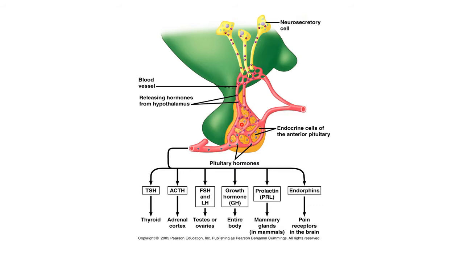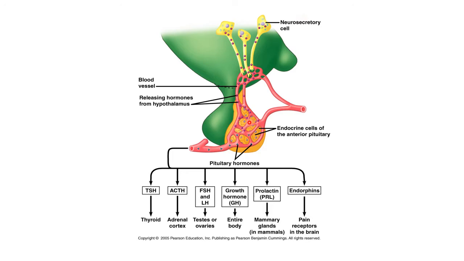Here you see the cells. The hormones act on these cells, and these cells release their appropriate hormones, which are known as the anterior pituitary hormones. So these cells secrete this green colored hormone. You see the hormone, that is the green colored hormone.